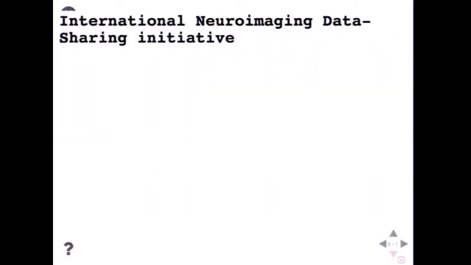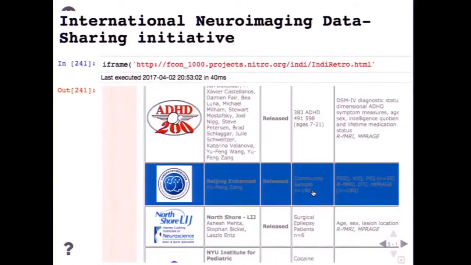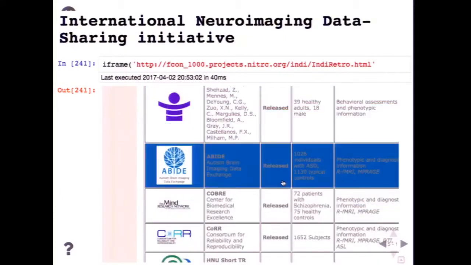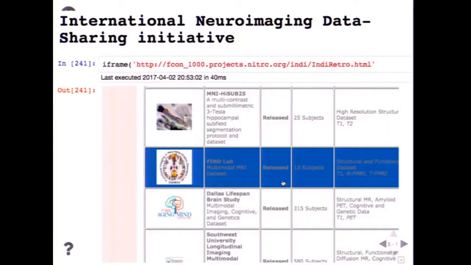Okay, so I'm going to present some of the databases that are available online. First, we have on this page the INDI project. Here you have many different big databases of neuroimaging with different types of MRI.